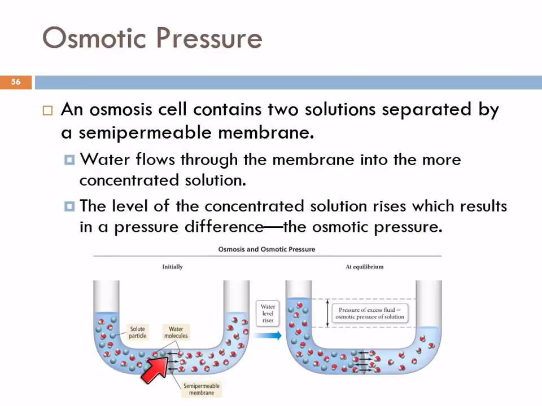Put a semi-permeable membrane in the bottom here, separating the two different sides. We have pure water on one side, and we have a solution on the other side. Maybe this has sodium chloride in it. And then we wait. And what happens is the water will move from the less concentrated side to the more concentrated side.